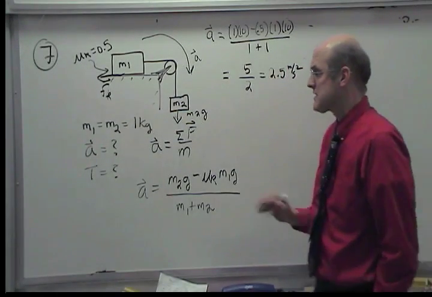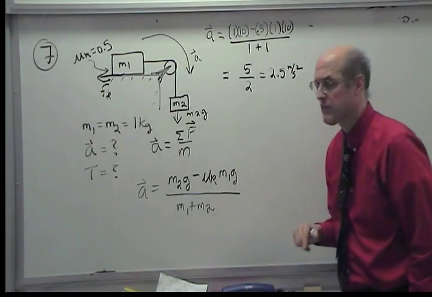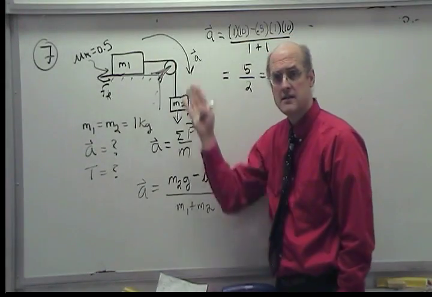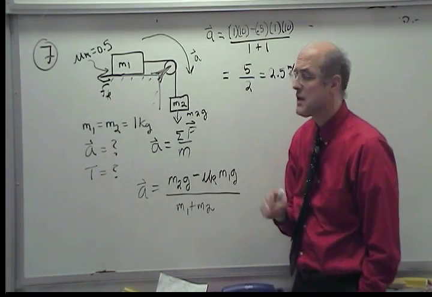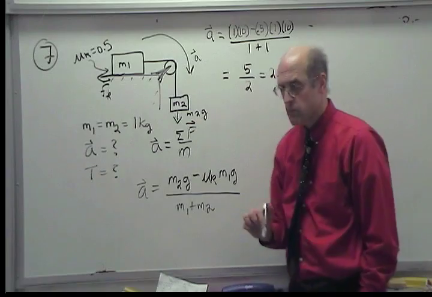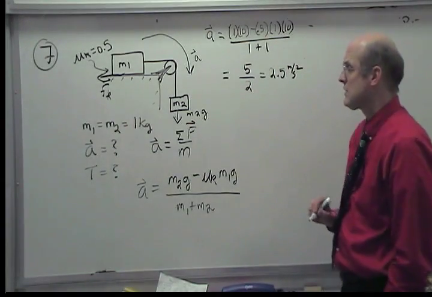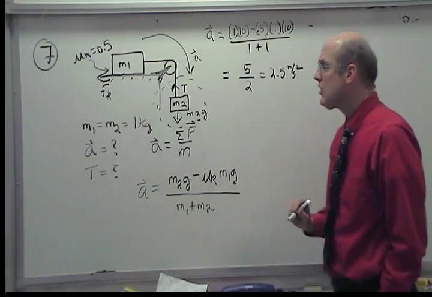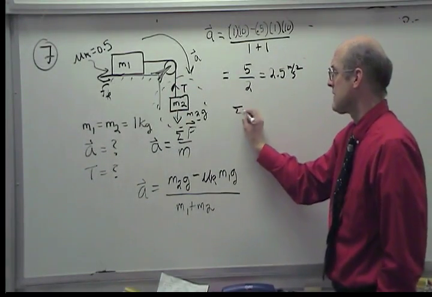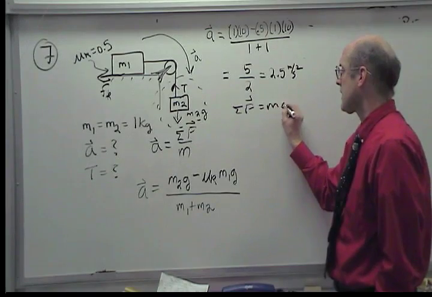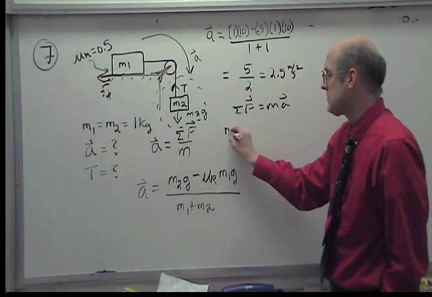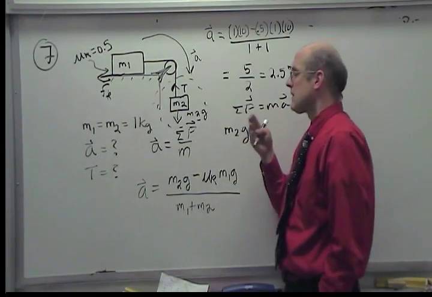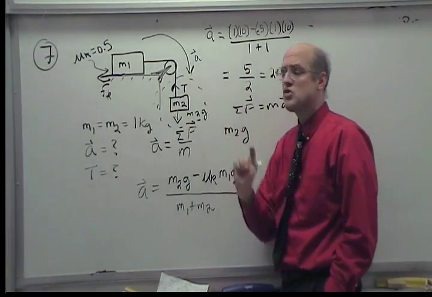Now, the tension. The tension is internal to the system. However, if I isolate M2 or I isolate M1, then the tension suddenly becomes an external force. I'm going to isolate M2. Okay, so if I isolate M2 and apply Newton's second law, I have here net force is equal to Ma, where the net force now would be M2G, which acts downward, and tension, which acts upward.